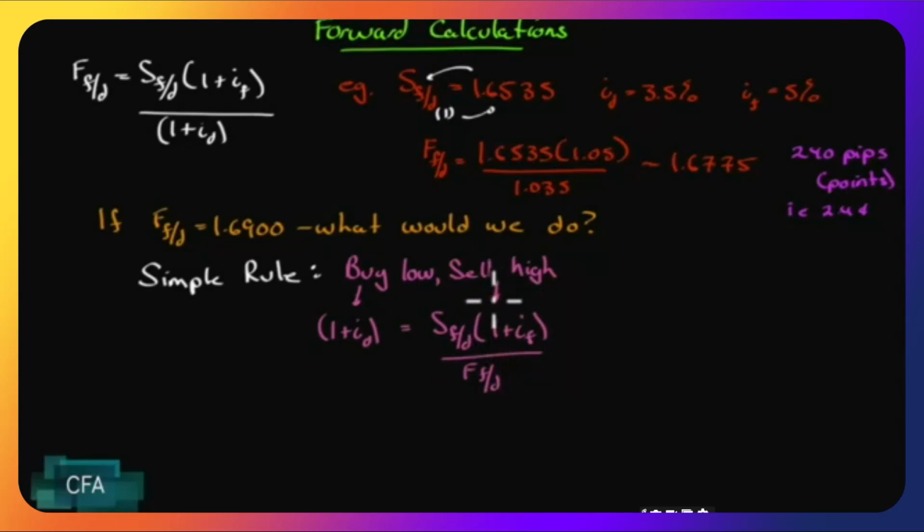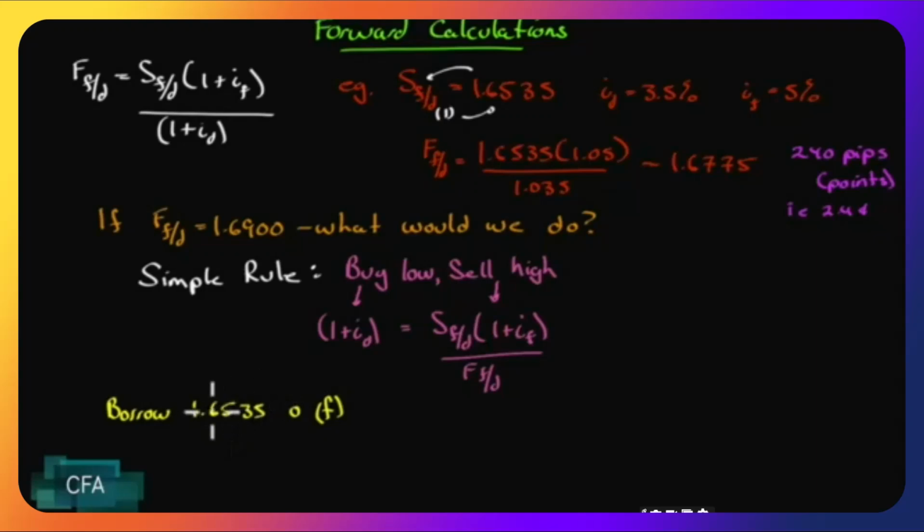So we sell high. How would that look? Let's follow the logic along and see if I'm right or if I'm just making this up. We're going to borrow 1.6535 of whatever the foreign currency is.